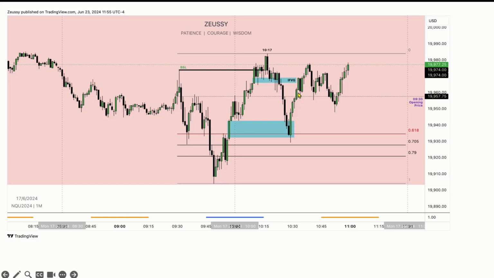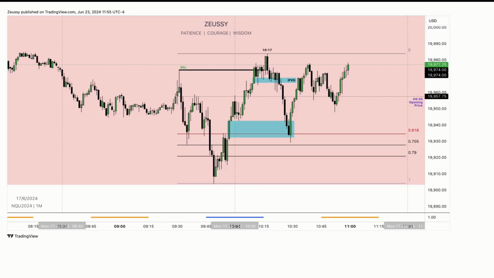The model that I'm teaching you is the following. Instead of aiming for the opposing side of the range, meaning targeting this sell side liquidity right here, if you would go short up here, what you're doing is instead of targeting that external range liquidity resting below this low, you target internal range liquidity.